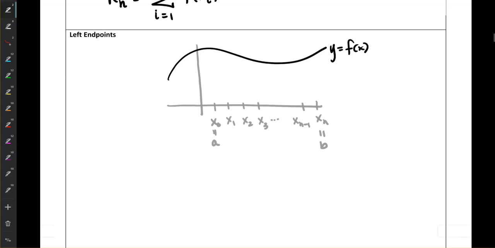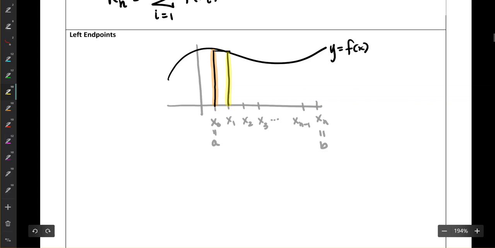right? And between x sub 0 and x sub 1, I'm going to choose x sub 0. So f of x sub 0 is going to be the height of my first rectangle. And then between x sub 1 and x sub 2, I'm going to choose x sub 1.